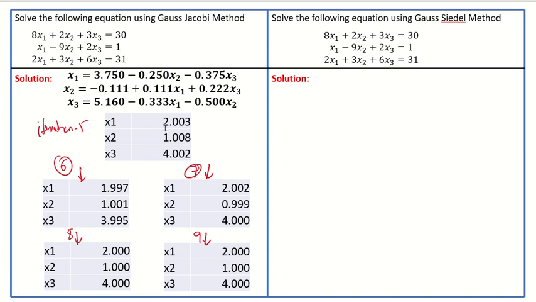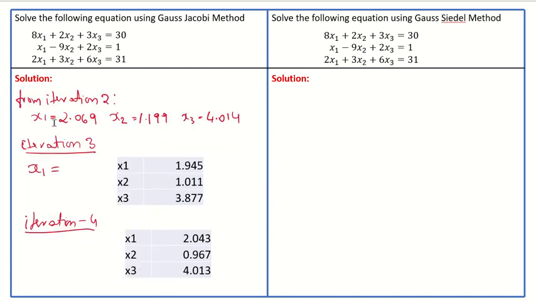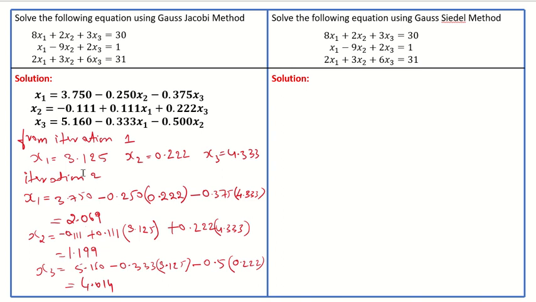Now as you see, in iteration 1 you got the values 3.125, 0.22 and 4.33 for x3. As you see, x1 from 3.125 has come to 2.069, x2 from 0.22 to 1.199 and x3 from 4.33 to 4.014 when it comes to iteration 2.